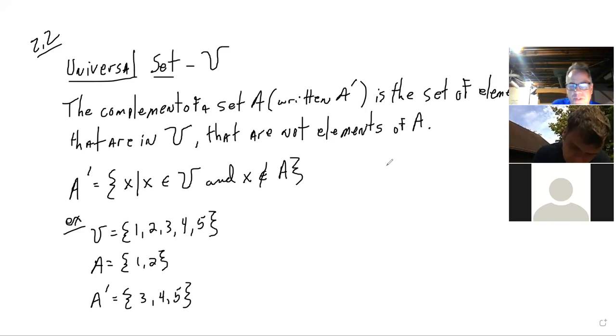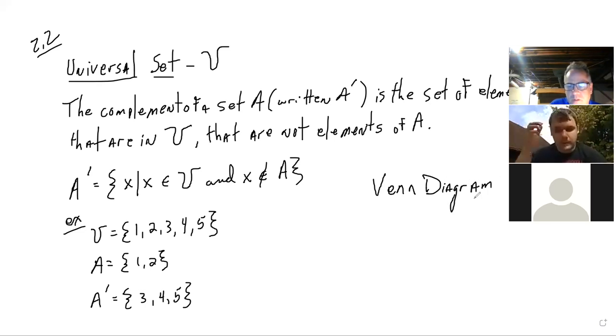Now I'm going to introduce a visual way to represent this. On Monday, we're going to do much more with these. Something we refer to as a Venn diagram, and it is a visual way to represent sets.